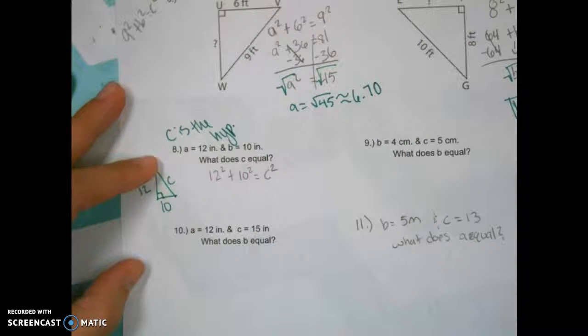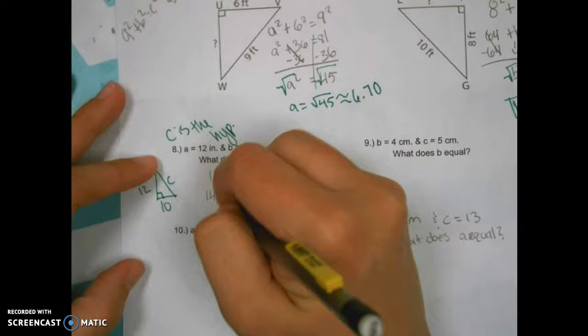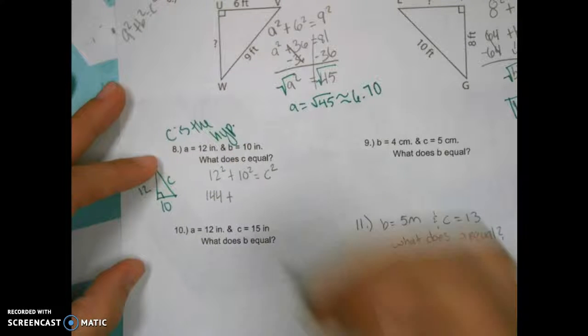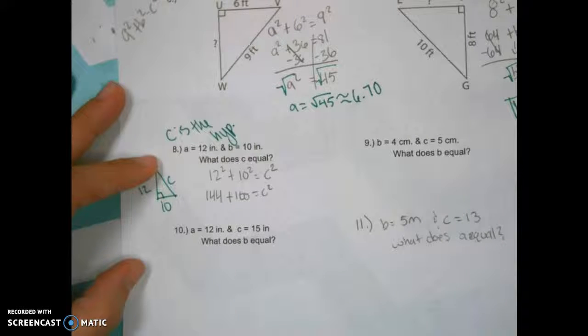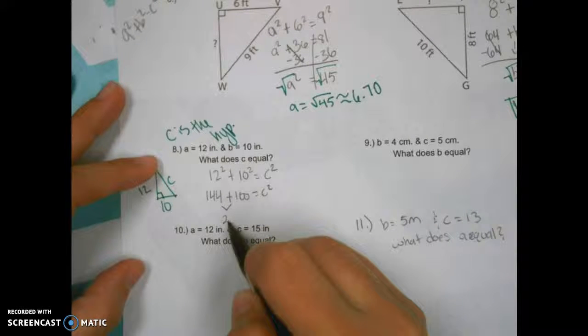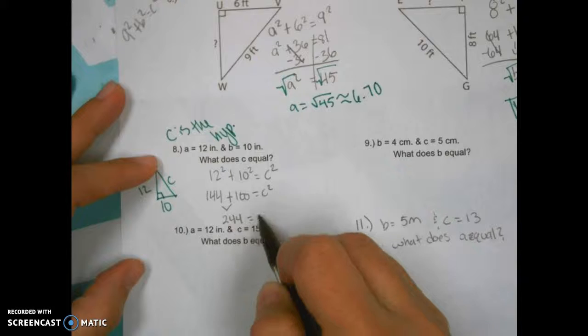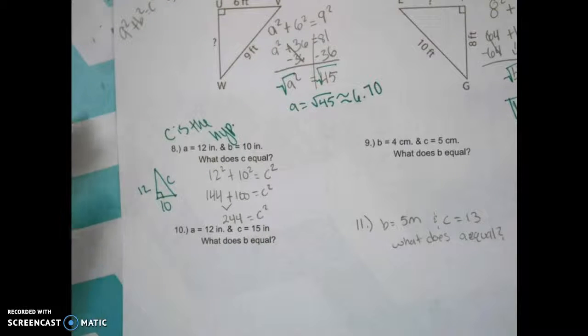12 squared is 144, and 10 squared is 100. 144 plus 100 is 244. And the last part is to take the square root of it.